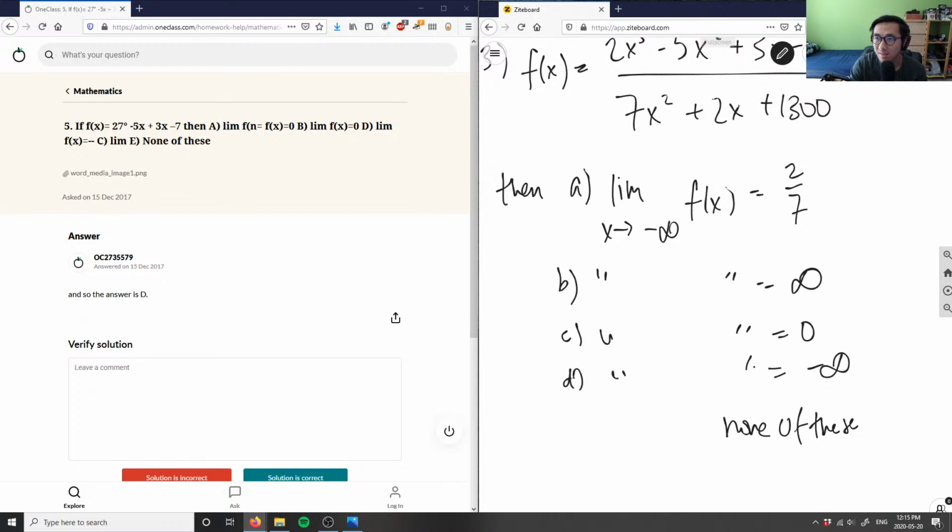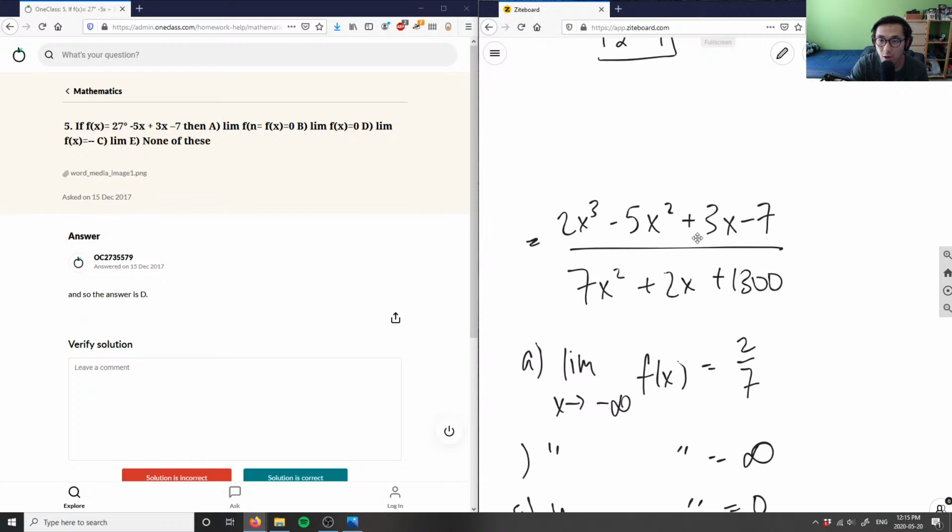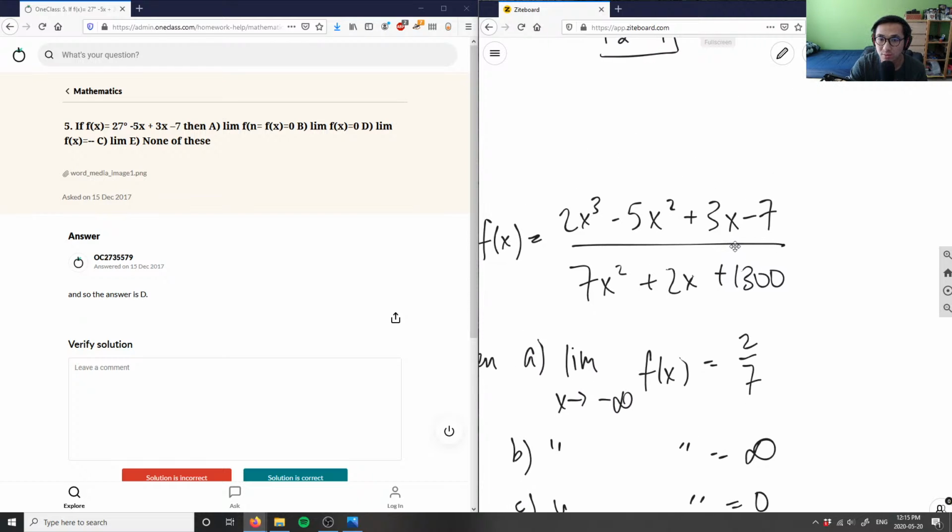So if I want to take the limit of this function here, what I want to do first is, you can either sub in a big negative number to solve for our limit here, or if we see what we're doing here, we can actually use our advanced functions knowledge to help us get rid of these terms first.